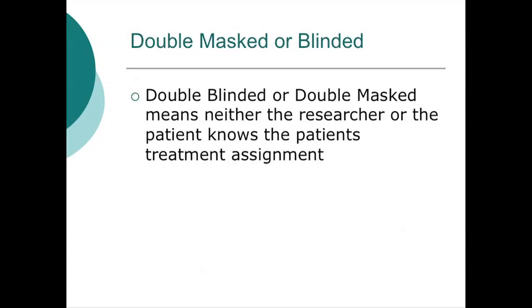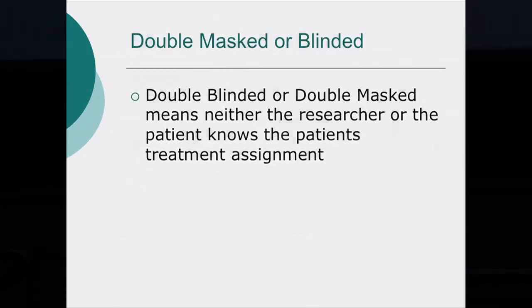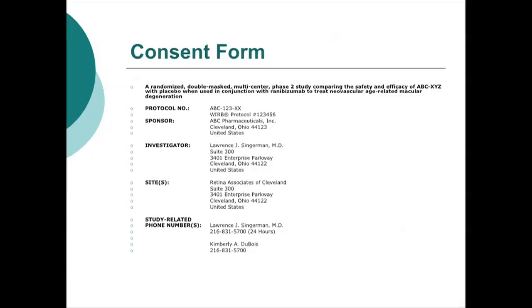So double masked or blinded means that neither the researcher nor the patient will know what their assignment is. And this is to prevent bias and to ensure that the investigator treats every patient the same way. Now, this is just the front page of a consent form. I know it's hard to see, so I'm going to put the header up.